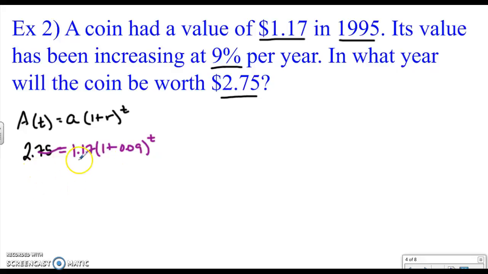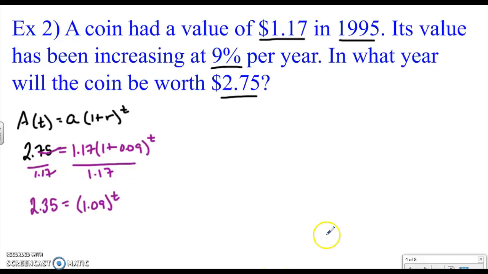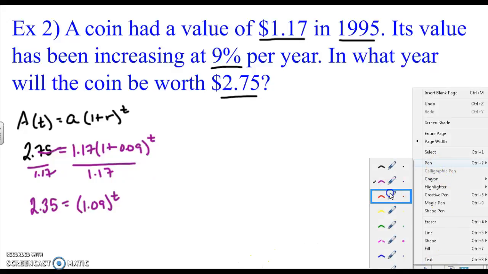So I'm going to go ahead and simplify. I'm going to divide by $1.17. So 2.75 divided by 1.17 is 2.35. And if I add the stuff in the parentheses together, I get 1.09. So now that I get to this point, the variable is in the exponent. I need to rewrite it as a logarithm.